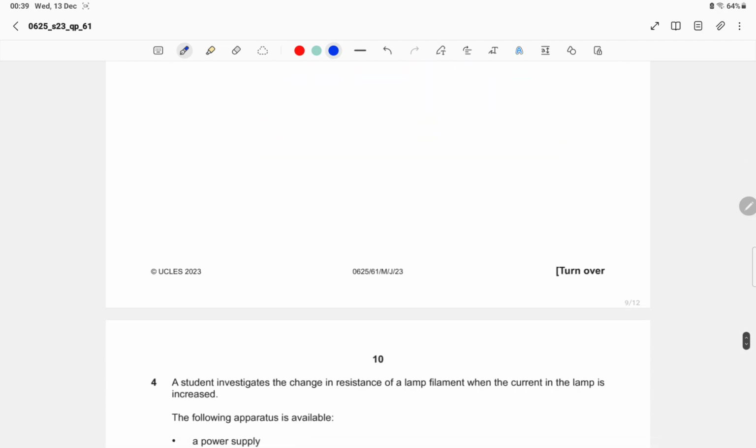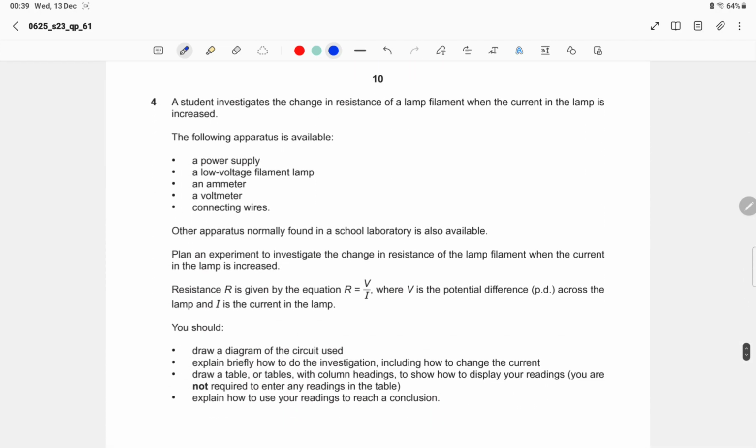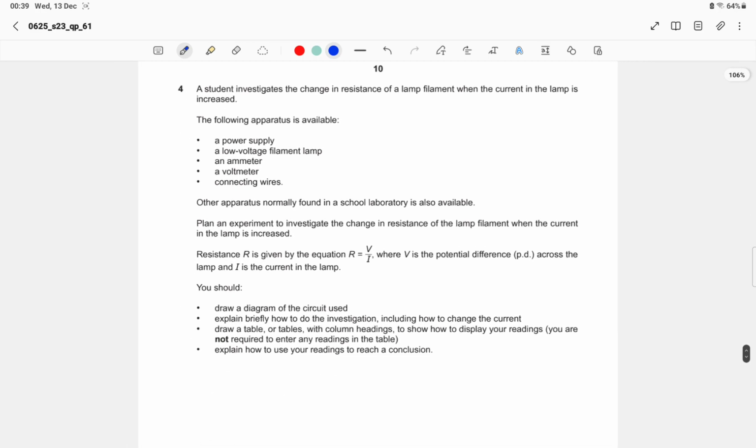Okay, moving to the next question. This is again a 7 mark question, and you have to highlight a few of the things so that you can understand. A student investigates the change in the resistance of a lamp when the current in the lamp is increased.